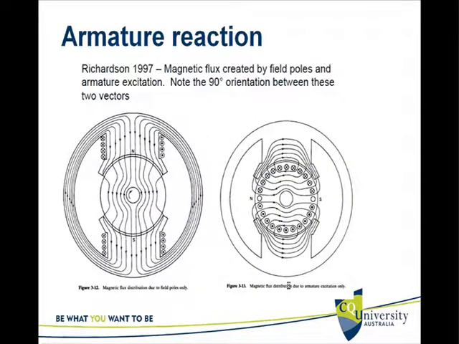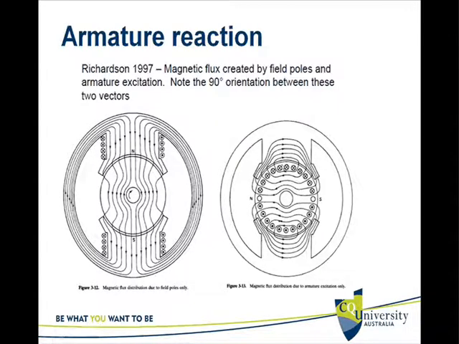Now this is the situation. This first figure shows the magnetic flux traversing the stator and the armature due to the stator windings. And when the machine is loaded, when current starts flowing in the armature, these are the magnetic flux lines created by the armature currents.